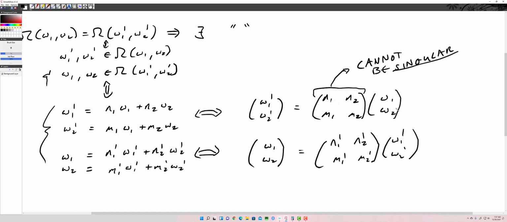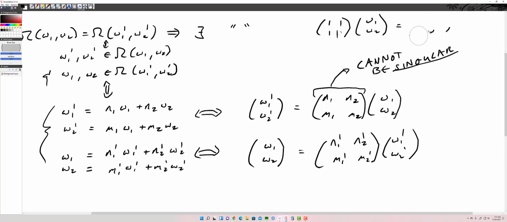If we think about these as vectors, let's see what would happen if we had a singular matrix first of all. If we did something like this, what would we get? Well, we would get 0 on the bottom, and we would get omega 1 plus omega 2. First of all, that doesn't make sense. But if we had a non-zero element on the bottom, let's say 1, 1, we just get the same thing. We don't get anything that's linearly independent.